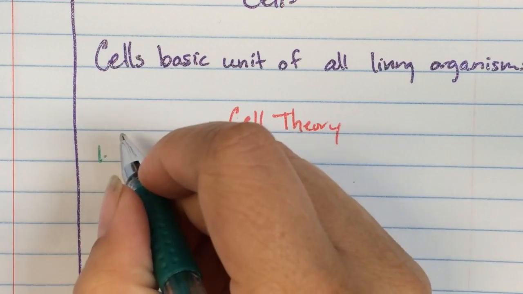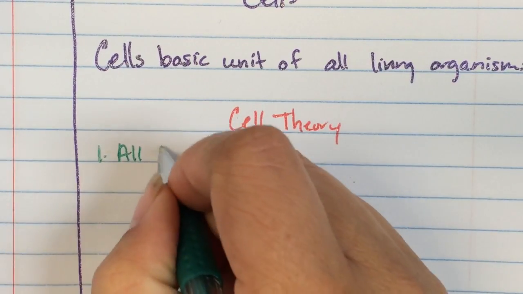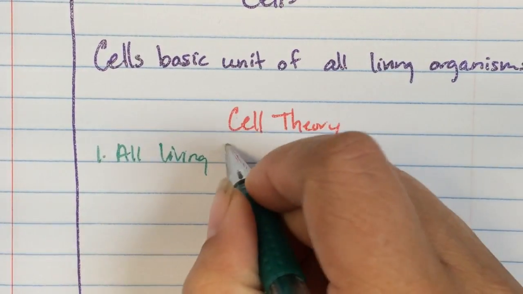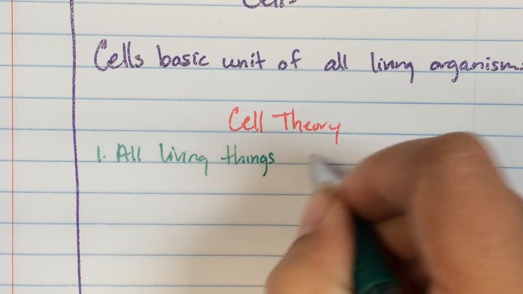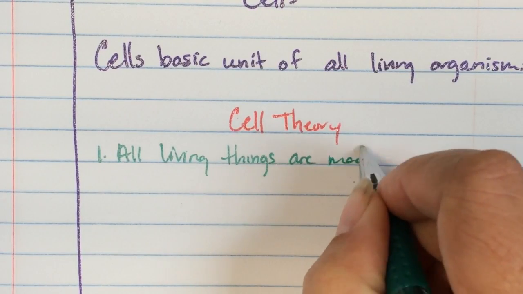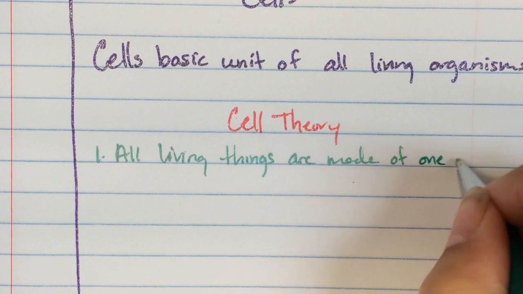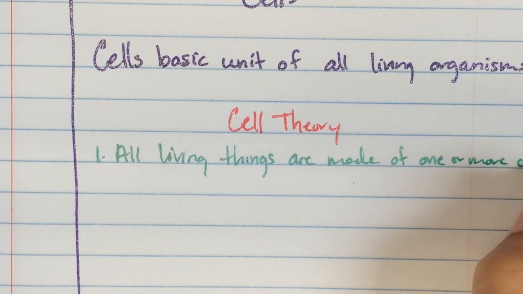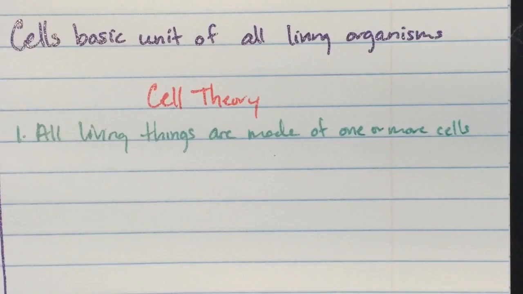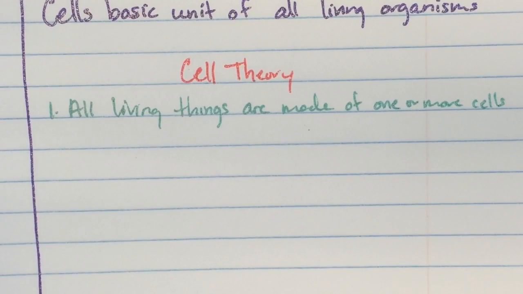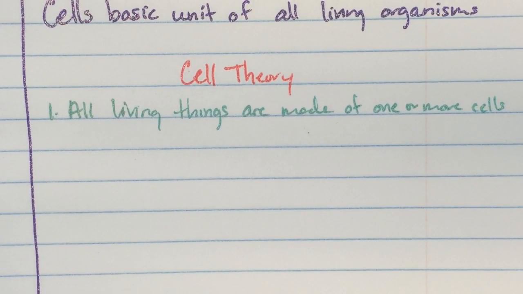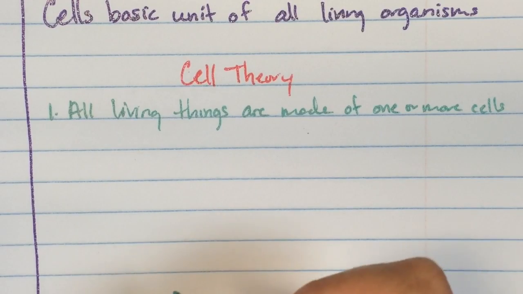All living things are made of one or more cells. So you, for example, are made of lots and lots of cells. If it weren't for the cell, you wouldn't be considered alive.